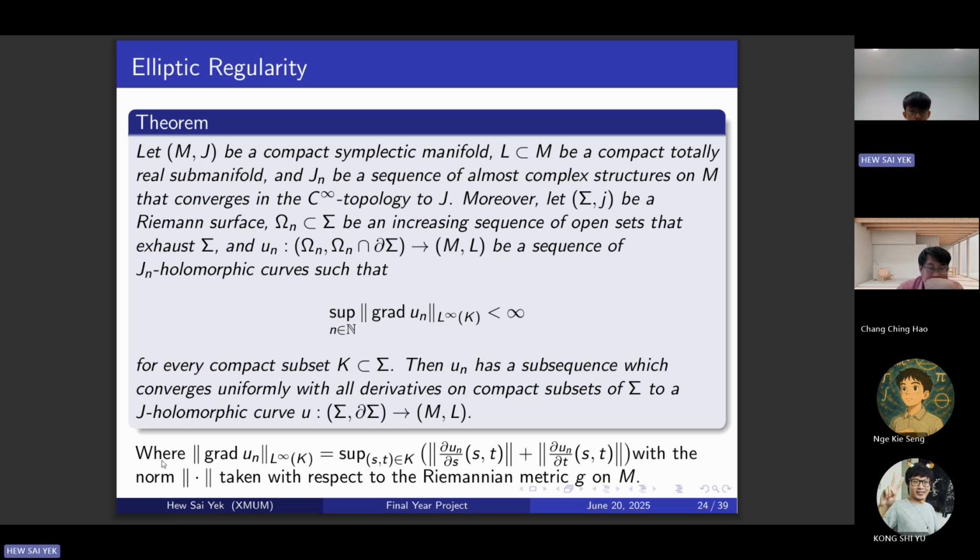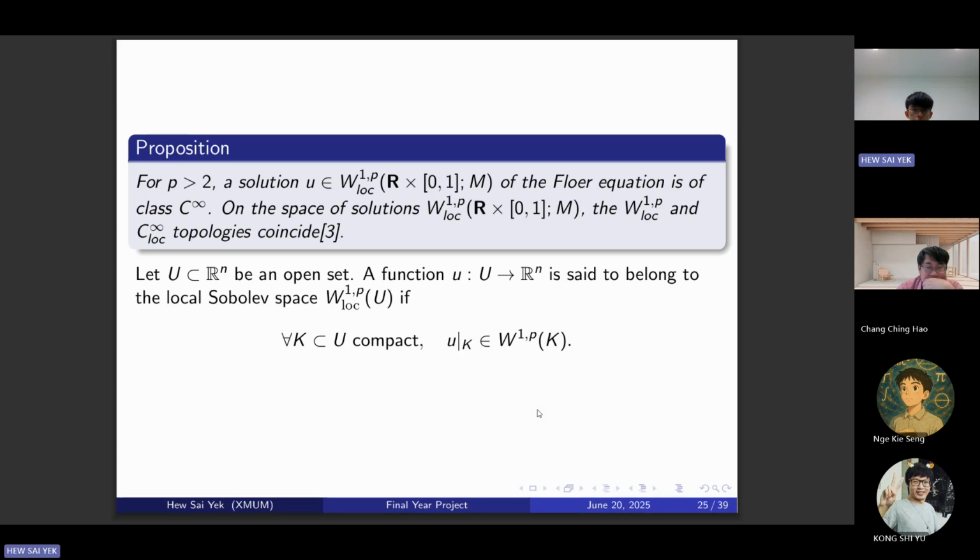The sup of the L-infinity gradient is defined as the sup of the norm, and the norm is with respect to the Riemannian metric on M.